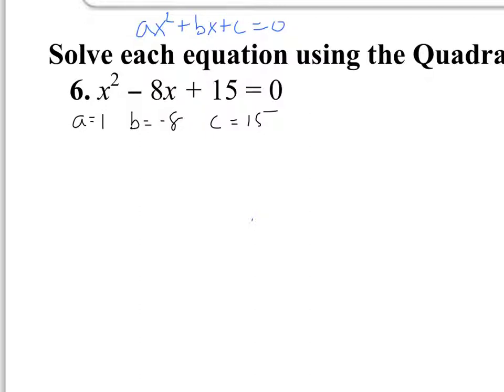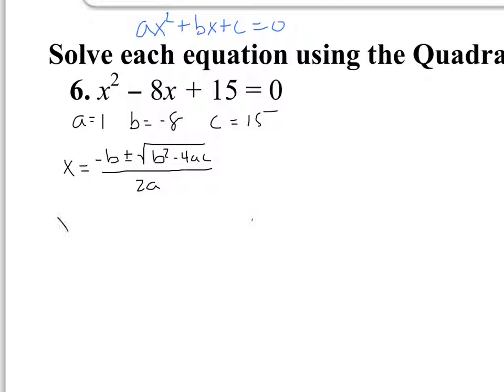All right. So now we're plugging into the quadratic formula. Please write it down. X equals negative b plus and minus the square root b squared minus 4ac all over 2a. Now we go through just like yesterday, and we replace it with parentheses.